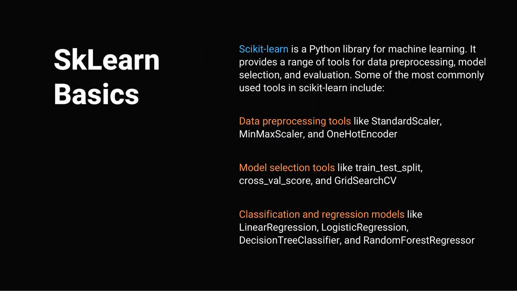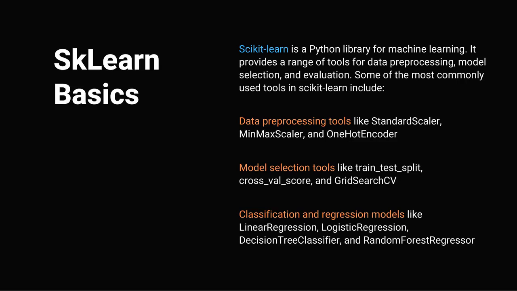Scikit-Learn is a Python library for machine learning. It provides a range of tools for data preprocessing, model selection, and evaluation. Some of the most commonly used tools in Scikit-Learn include data preprocessing tools like Standard Scaler, Min-Max Scaler, and One-Hot Encoder.